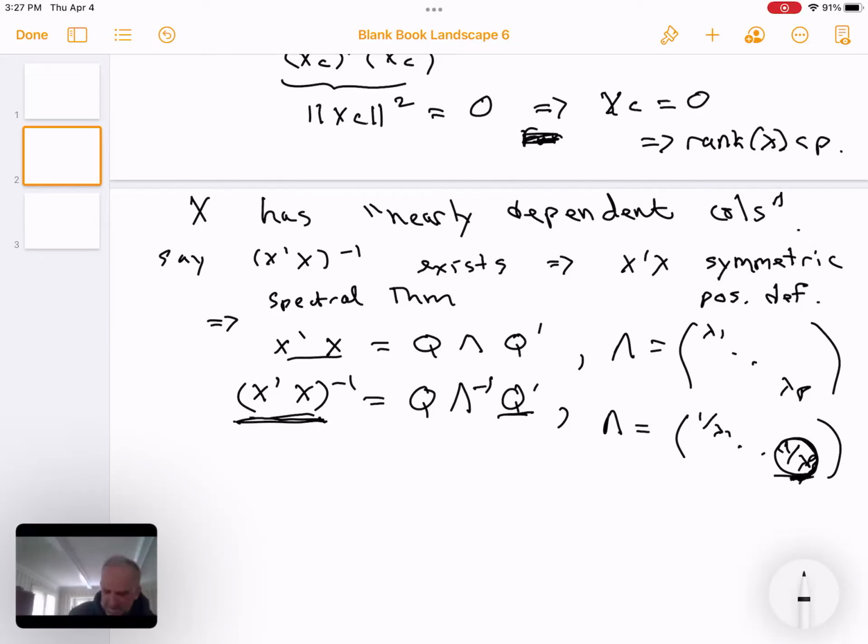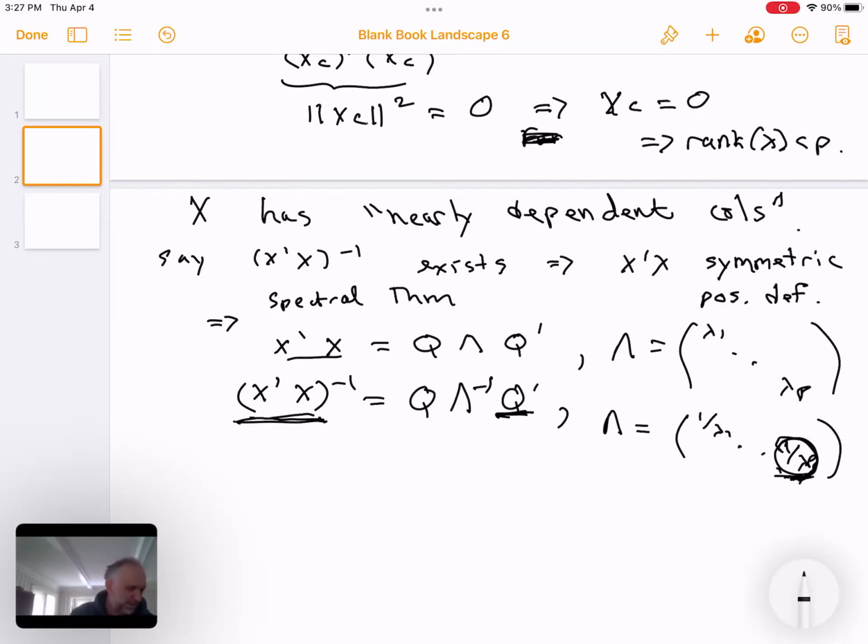A little less than this because it will have other components probably. It won't be exactly this eigenvector, but it's going to blow it up, and that's a problem. And that's what you're seeing there in the lm command.